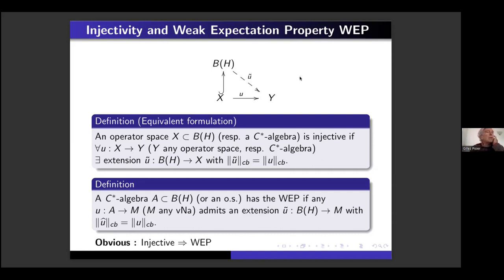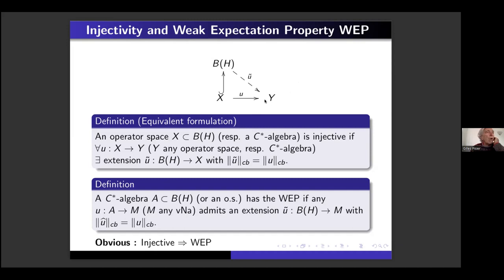But that brings me to a good presentation of the weak expectation property. The weak expectation property is the same thing, but now I prefer to look at a C-star algebra, though it could be an operator space. I look at a C-star algebra, and I take this Y to be a von Neumann algebra.